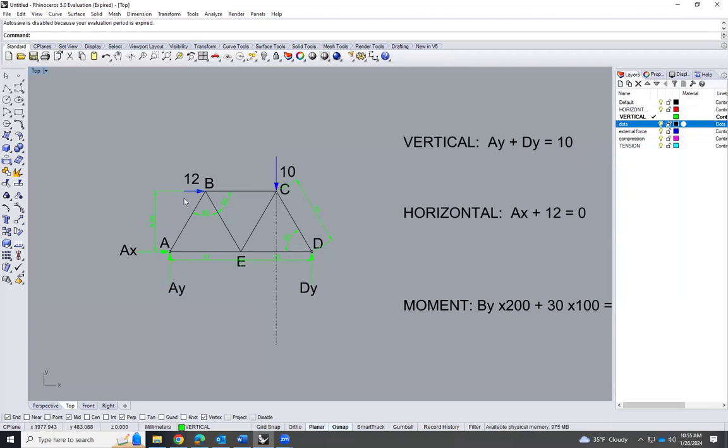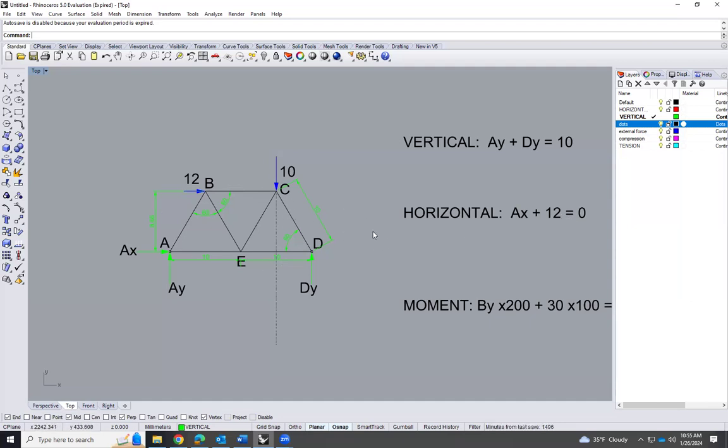Now look at this. This doesn't make any sense, but I'm going to do it anyway. I have assumed that AX goes right, and this force 12 goes right too. So AX plus 12, both going rightwards, equals what?